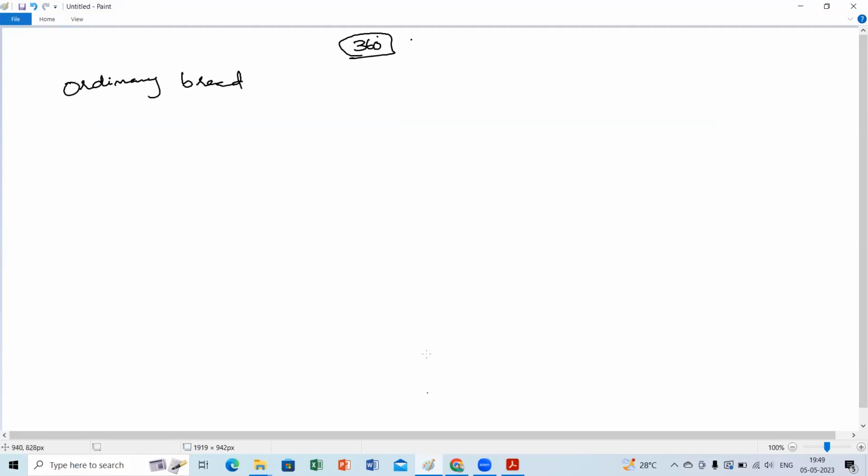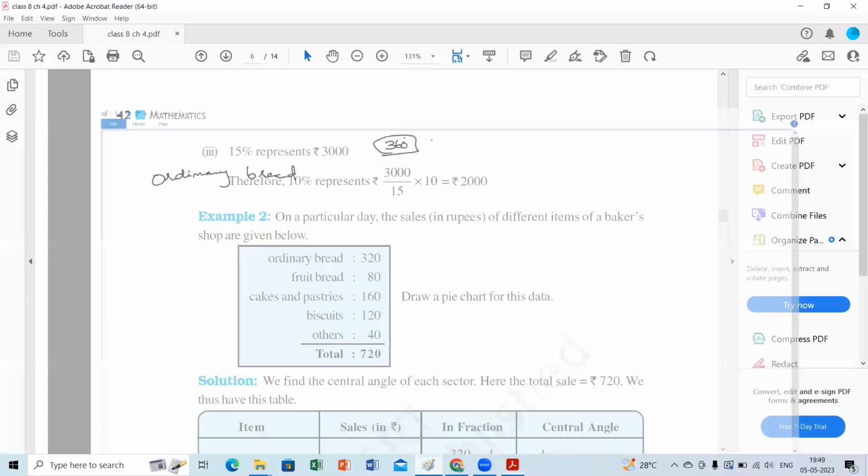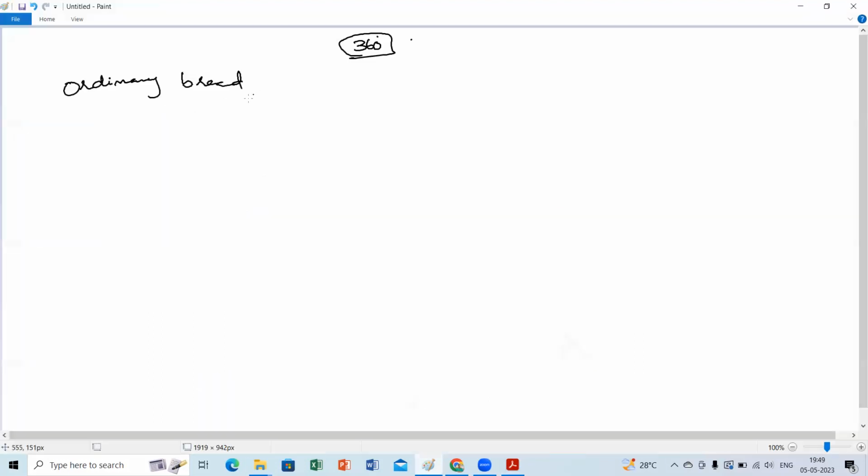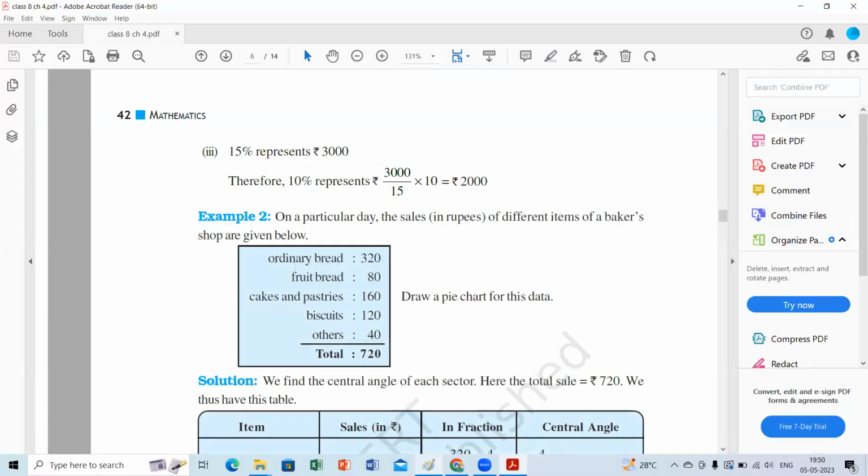Ordinary bread sold on this particular day is 320 rupees, 320 out of 720. Come on, children. 1/3. It's not a 3. Please simplify and let me know the fraction. 1/3, ma'am.